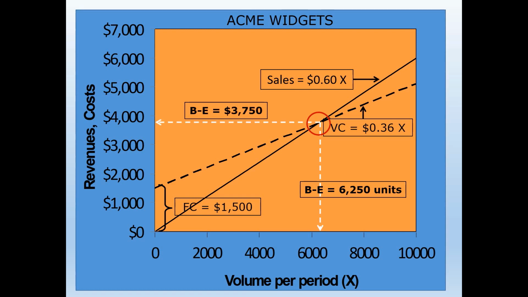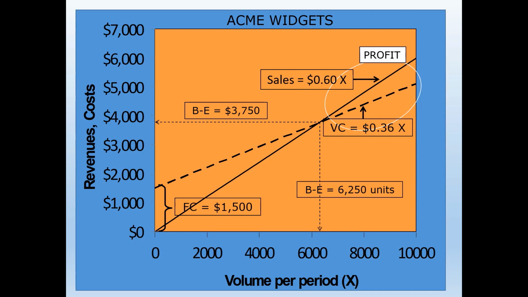If we go across from break even to the y-axis, that will tell us how many dollars of sales revenue the firm has to generate in order to cover all of its costs at break even.